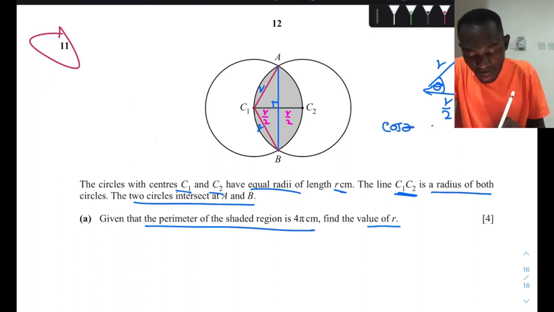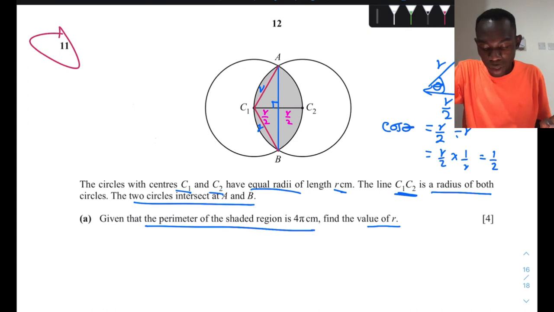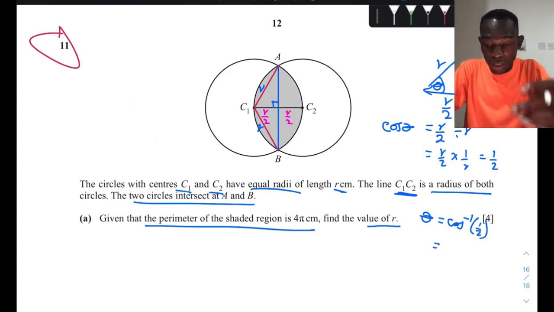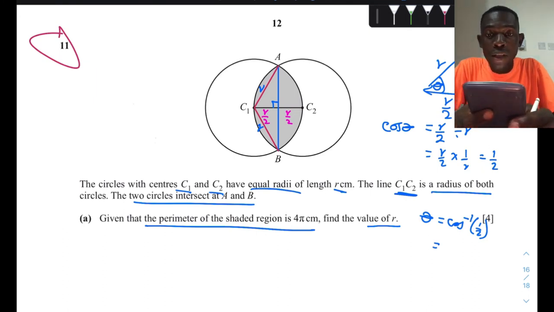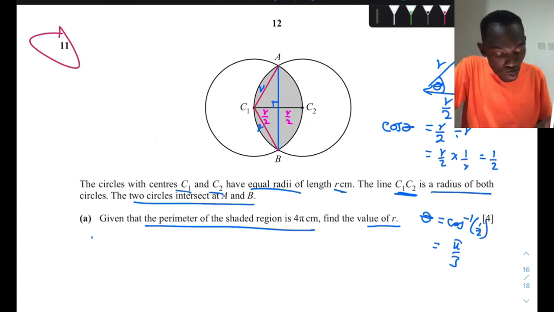So cos theta is going to be R over 2 divided by R, which is R over 2 times 1 over R, which will give you half. So theta is cos inverse of half, which is cos inverse of 0.5. That is pi on 3. So now you have your theta to be pi on 3.